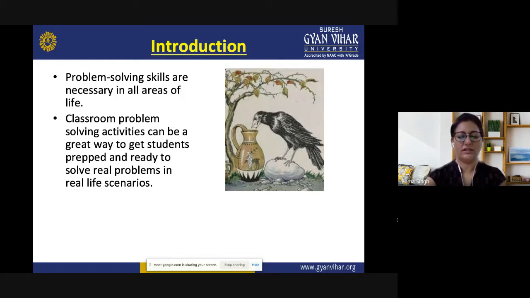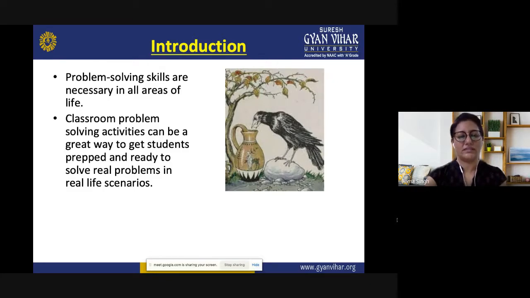So later in this class, we will discuss how problem solving strategies can be adopted by the students, can be taught by the teachers, and after that critical analysis, these kinds of skills could be developed among the students.